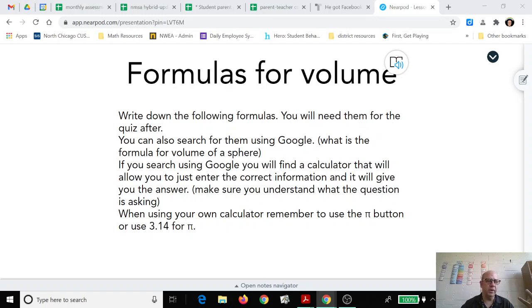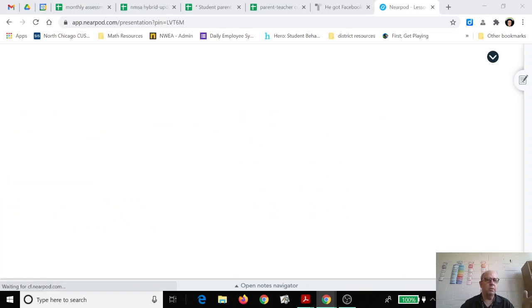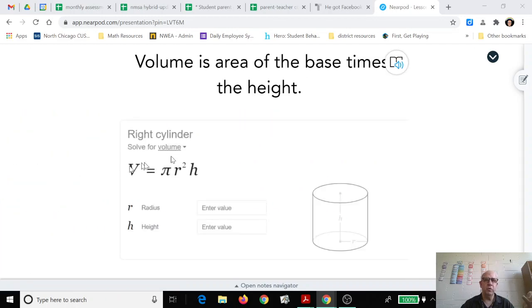You can use a calculator, or because we do these all the time, if you Google, if you say, what's the formula for the volume of a cylinder, this comes up. And you can put the radius in the box, you can put the height in the box and hit enter, and it tells you the volume. Okay, so it's really super easy.